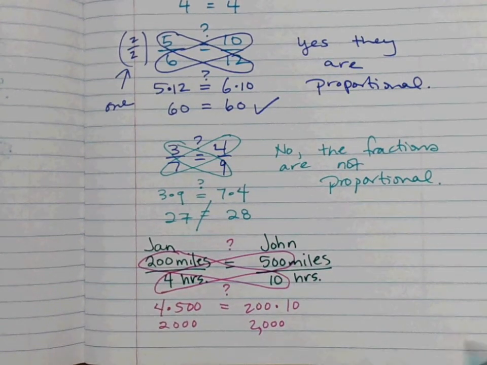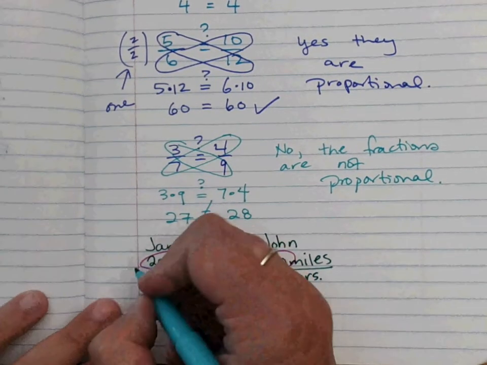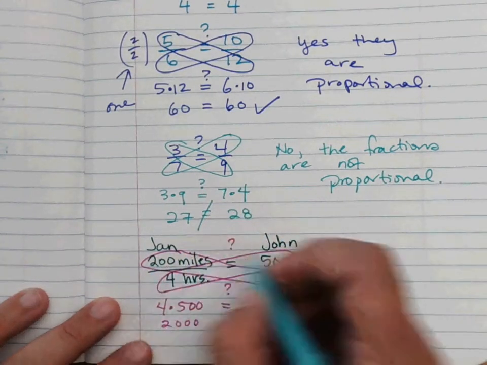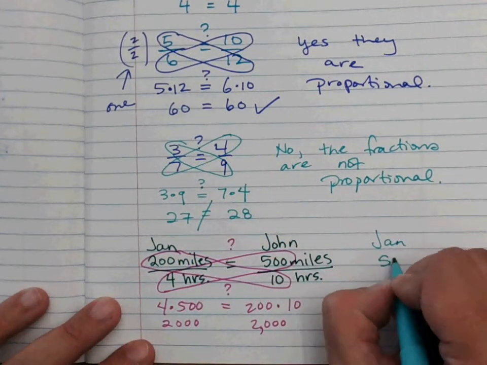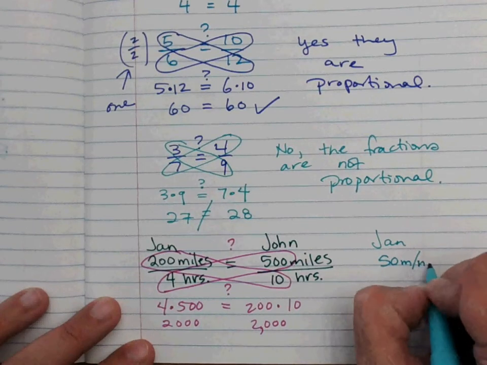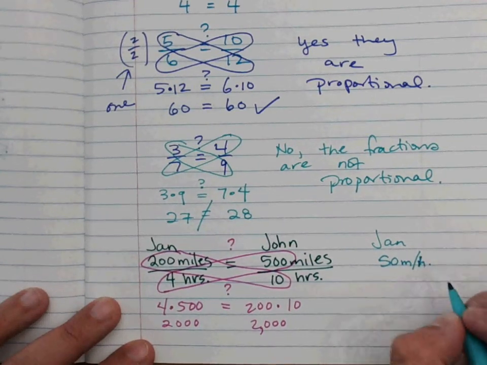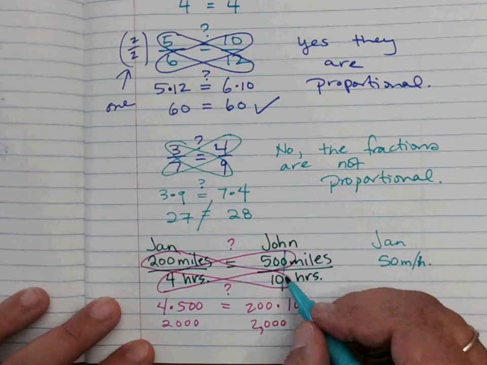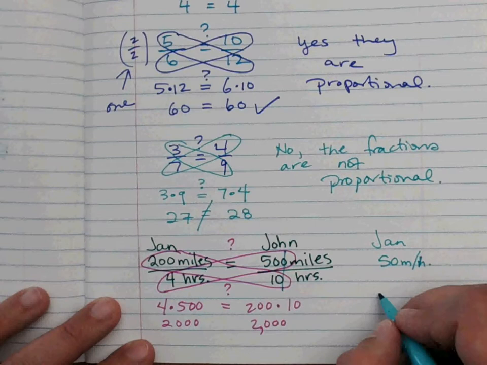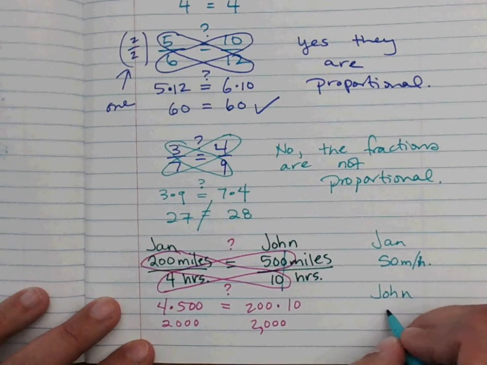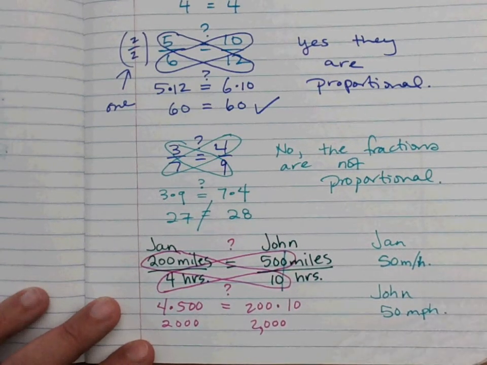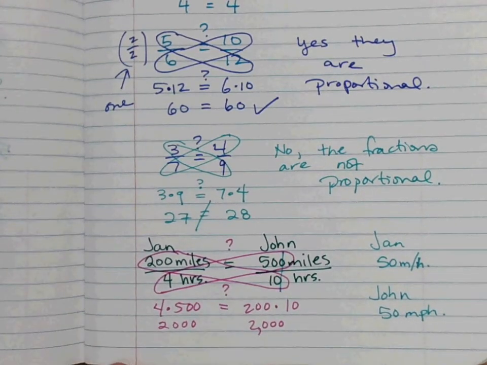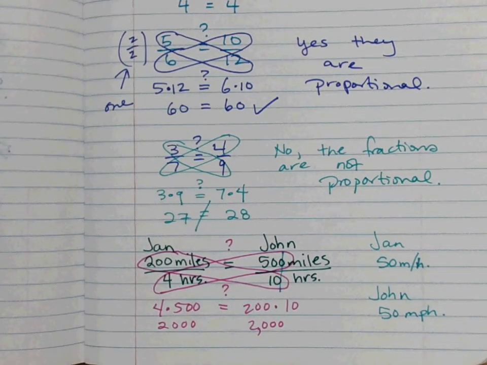And I see that Jan went 50 miles per hour. So this unit rate for Jan is 50 miles per hour, or mph would be fine. And then John, you can see that 10 goes into 500 50 times. John also went 50 miles per hour. So those would be proportional because the cross products work and then also the reducing works.